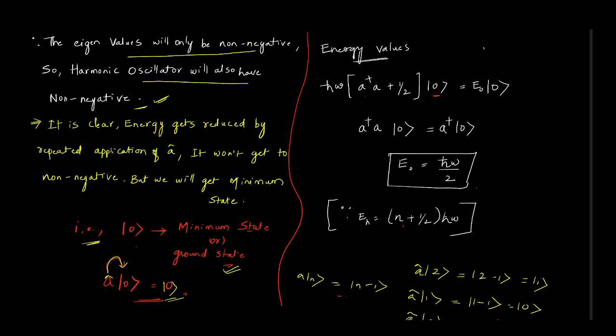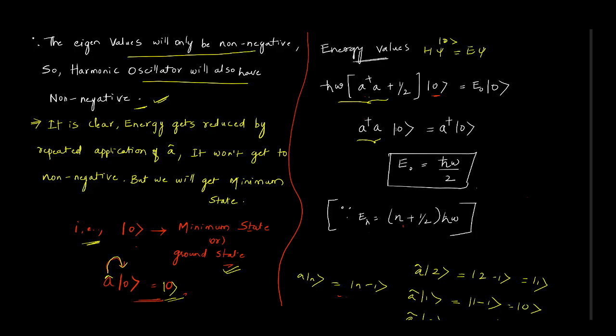So the energy eigenvalues can be found. H psi is equal to E psi, but here the state we are decreasing is taken as the 0 state. So H, which is H cross omega times a dagger a plus half, applied on the 0 state gives E0. All are constants except a dagger a.